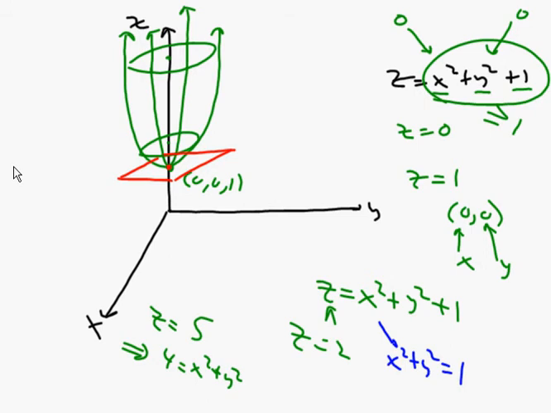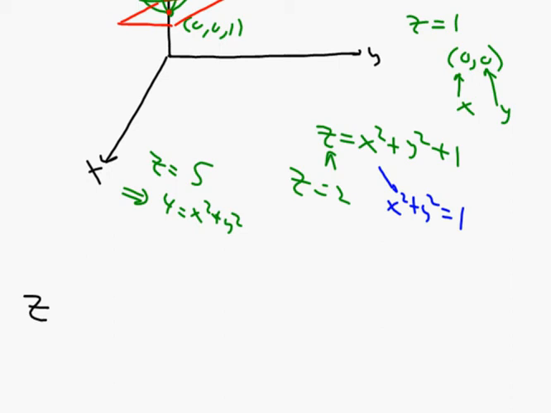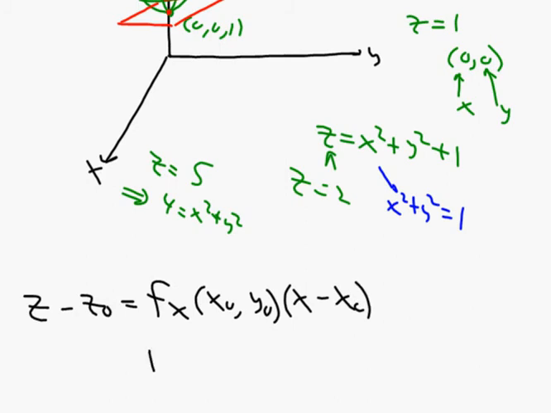Okay. So actually, thinking back, we know the equation of a tangent plane, don't we? Right? So let's remind ourselves of that. z minus z0 equals f sub x of x0, y0, times x minus x0, plus the partial derivative with respect to y, evaluated at the point of tangency, times y minus y0.